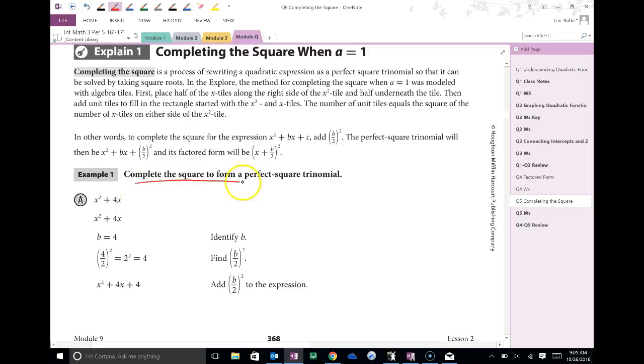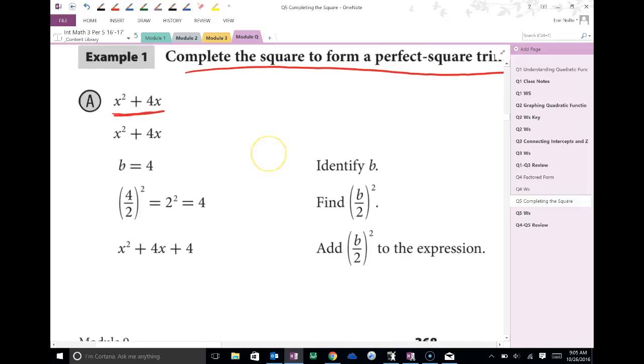In order to complete the square for a perfect trinomial, we're going to have this piece right here: x squared plus 4x. What number would be added to that in order to have a perfect square trinomial? What would my constant value be?